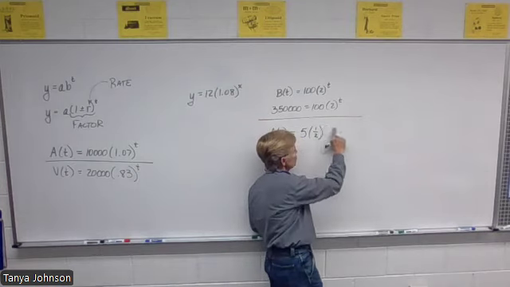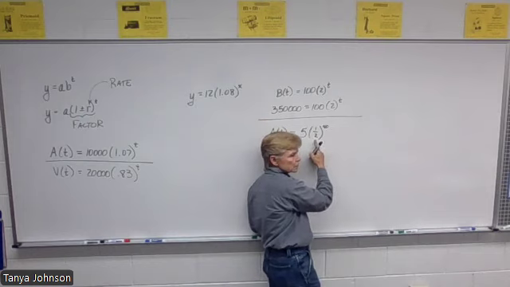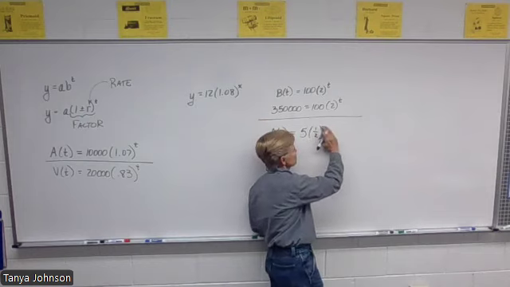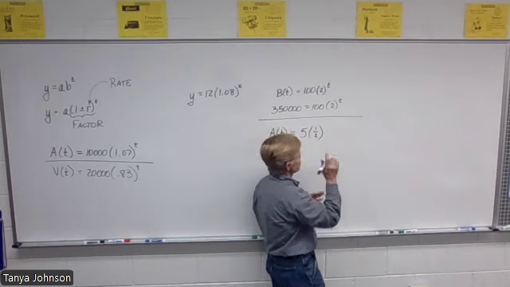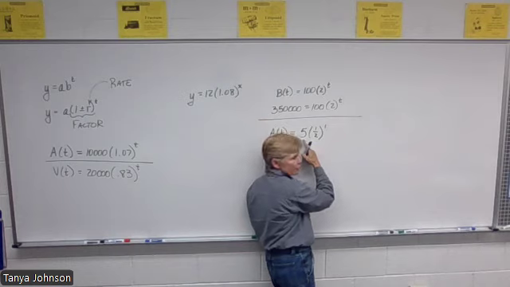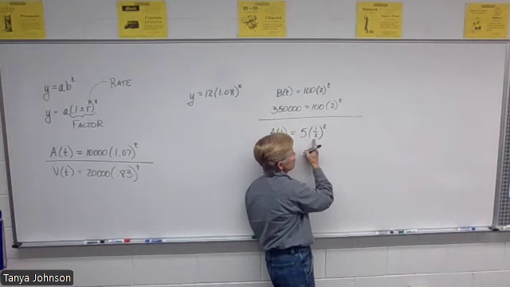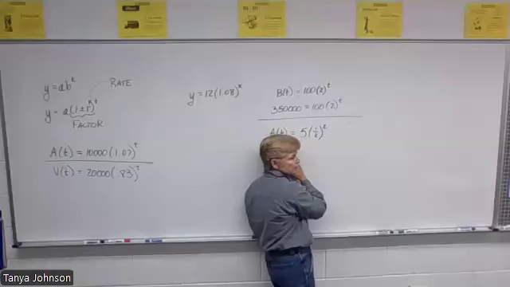If this were 2 half-lives, I would have used this twice. I screwed this up. If I had 1 half-life, this would change to 2.5 grams, but it would take 20 days to do it. If this were 2 half-lives, I would have used that twice, and I would have 2.5 cut in half, which is 1.25.